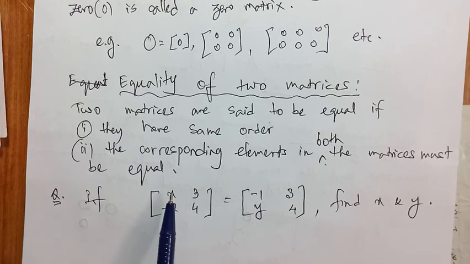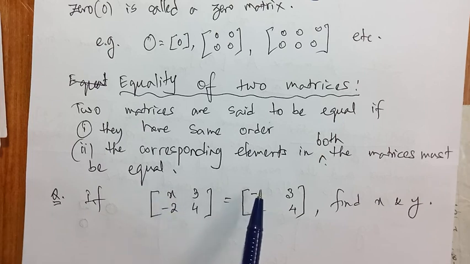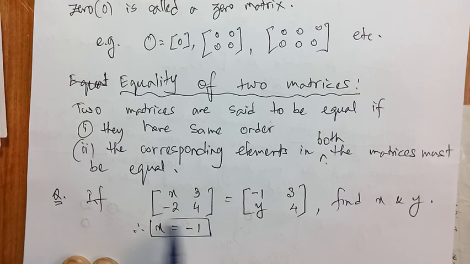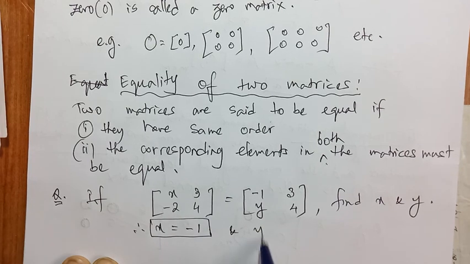So this x lying in the first row and first column, check the element in the first row and first column in the second matrix. Here that is your -1. So therefore x will be equal to -1, and to find y, lying in the second matrix, its location is second row and first column.